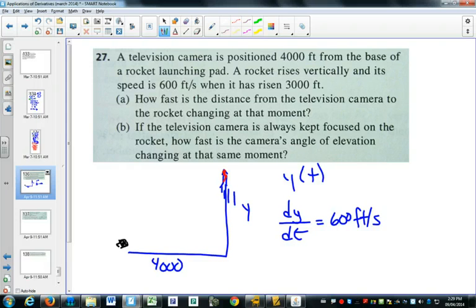We want to find out how much the distance from the television camera to the rocket is increasing at the moment when it's 3,000 feet. So we're finding it at y equals 3,000. We want to find dz/dt. Is it all right if I use z for this one here in green? Because then you can do x squared plus y squared equals z squared. It's another triangle question that we've done before.